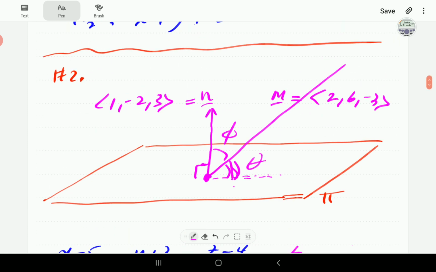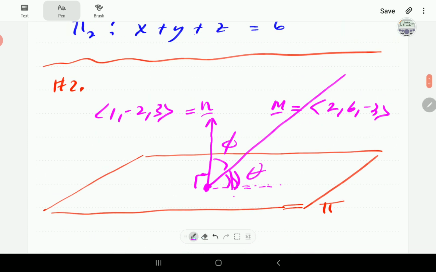Do the dot product quickly. It's going to be 2 minus 12 minus 9.